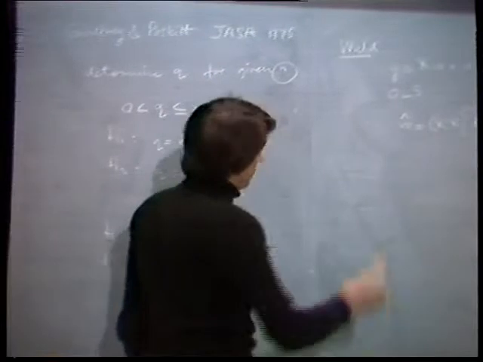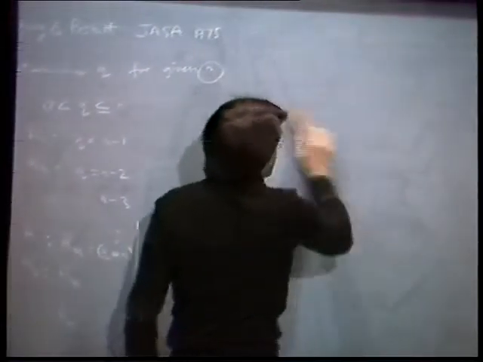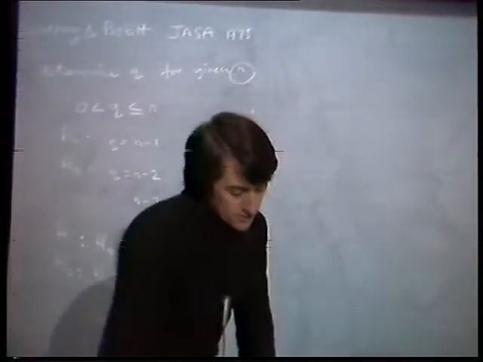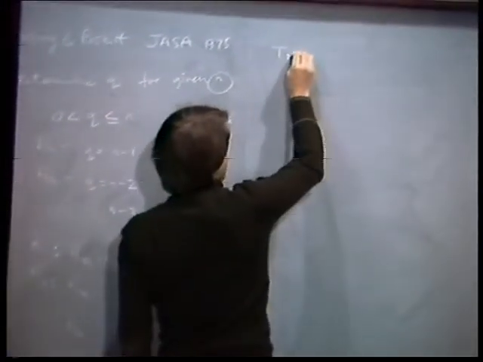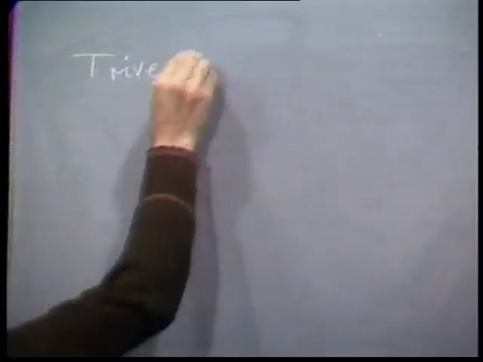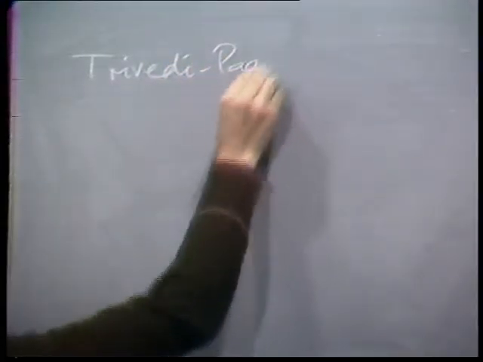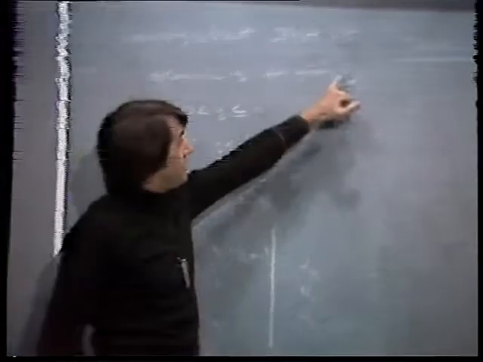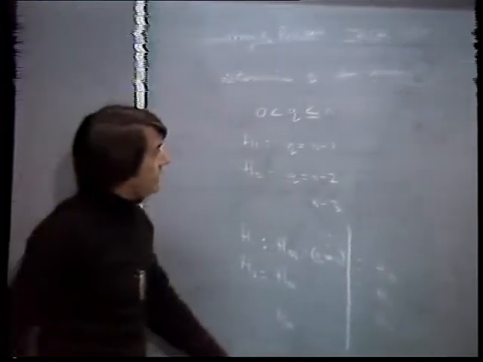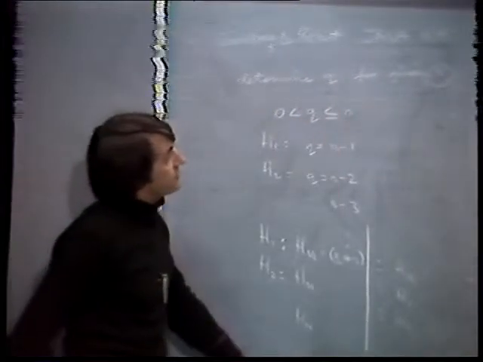But still remaining within the context of polynomial distributed lags, there is a paper by Trivedi and Pagan on polynomial distributed lags, which does look at the problem of determining n in addition to determining q.